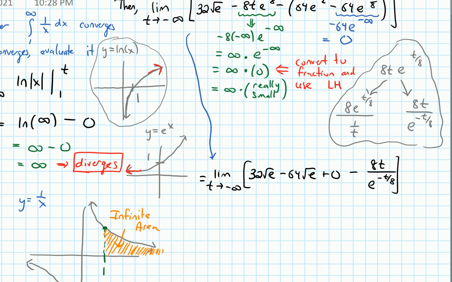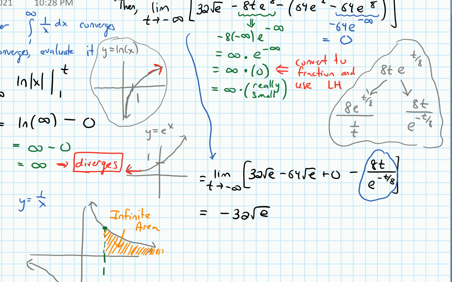Alrighty, so what does this equal? I know that this first part, 32 root e minus 64 root e, that's just minus 32 root e. So with this fraction, I need to now check, can I actually do L'Hopital's with this? And to do that, I need to see what form it has.